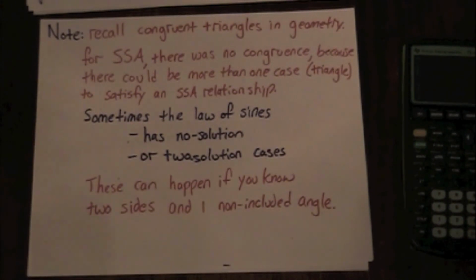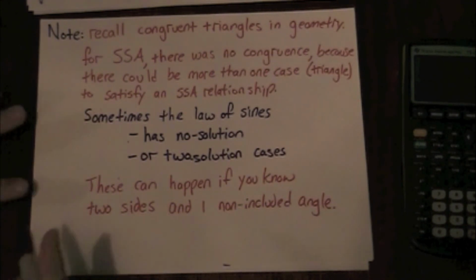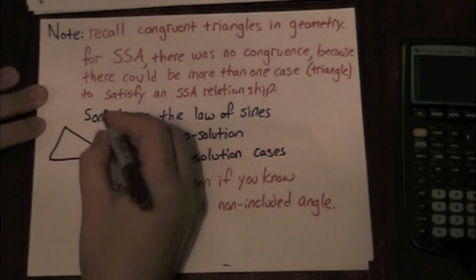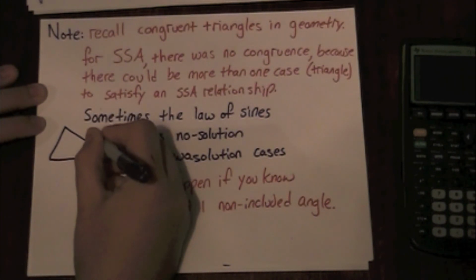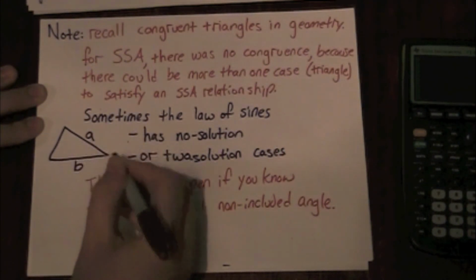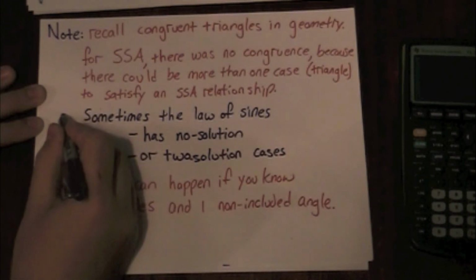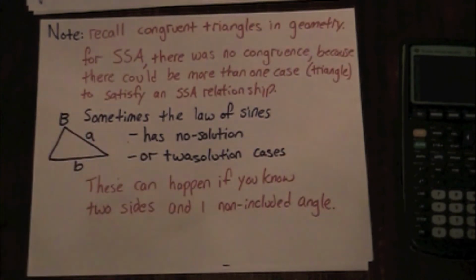So if I were to draw a triangle where this would be an example, if I knew something about two sides and the angle that's not between them.